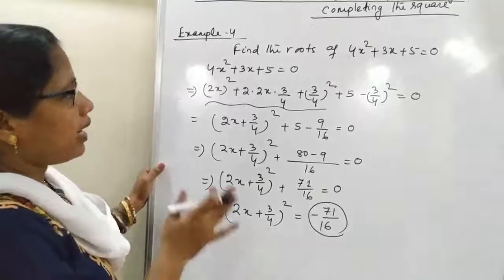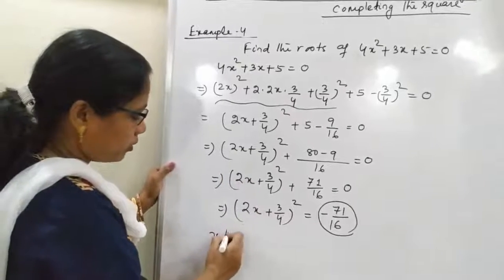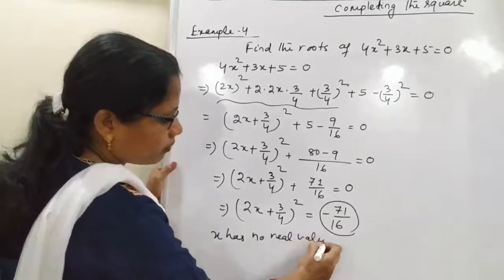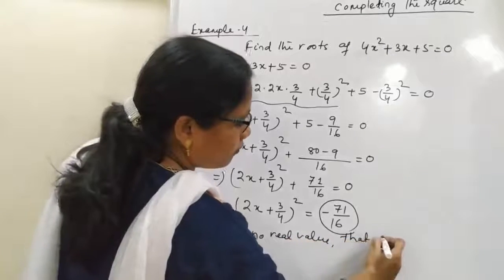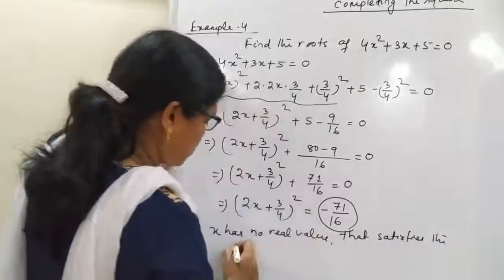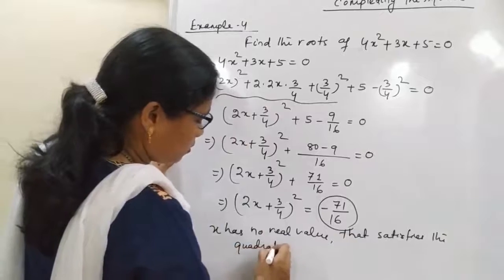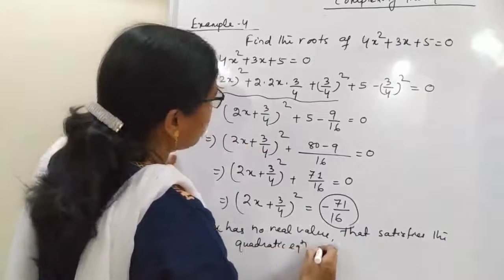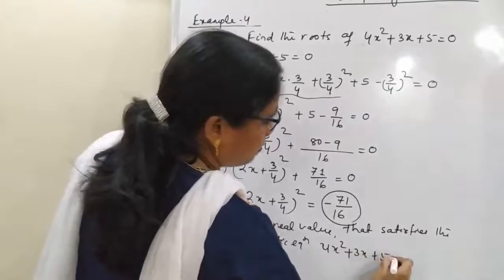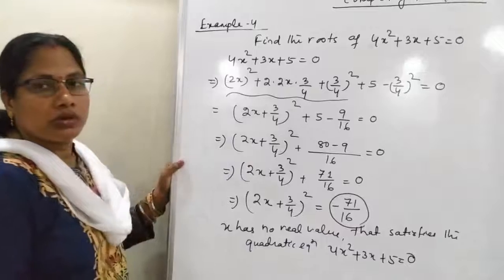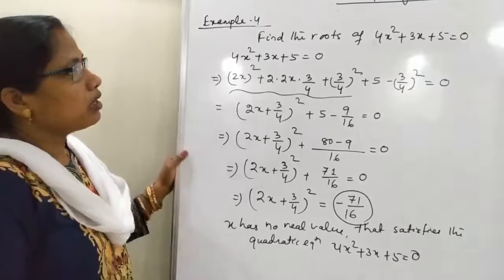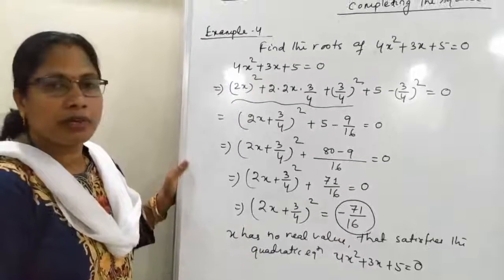That means x has no real value that satisfies the quadratic equation 4x square plus 3x plus 5 is equal to 0. So in this way you can find the solution of a quadratic equation by using the completing the square method.